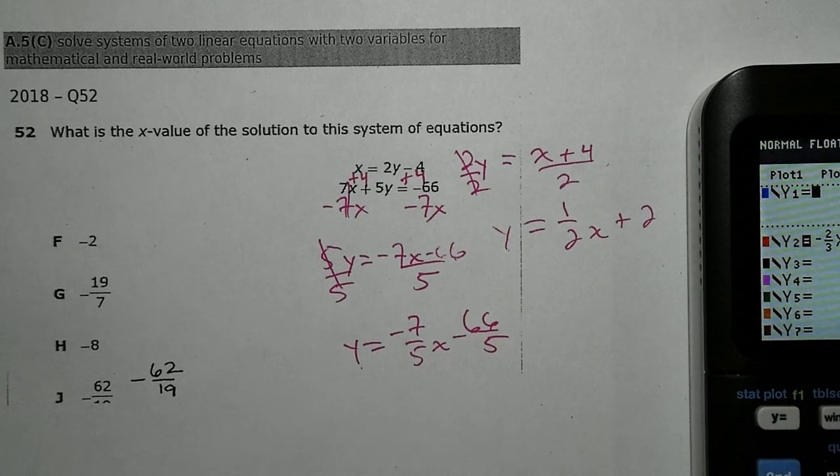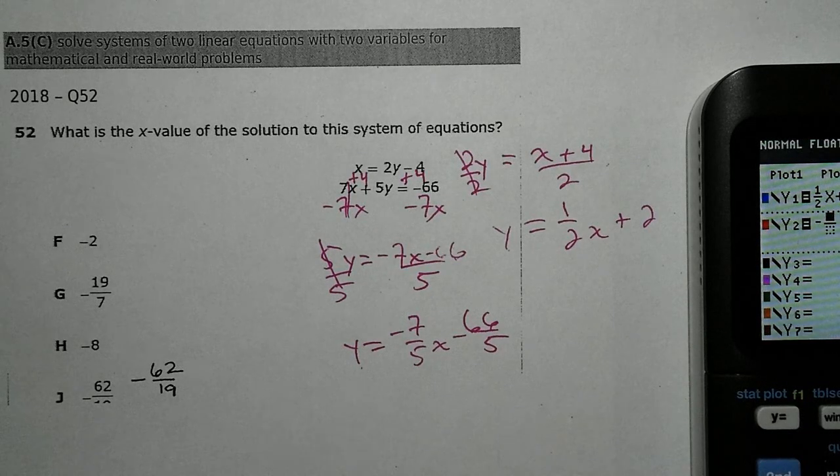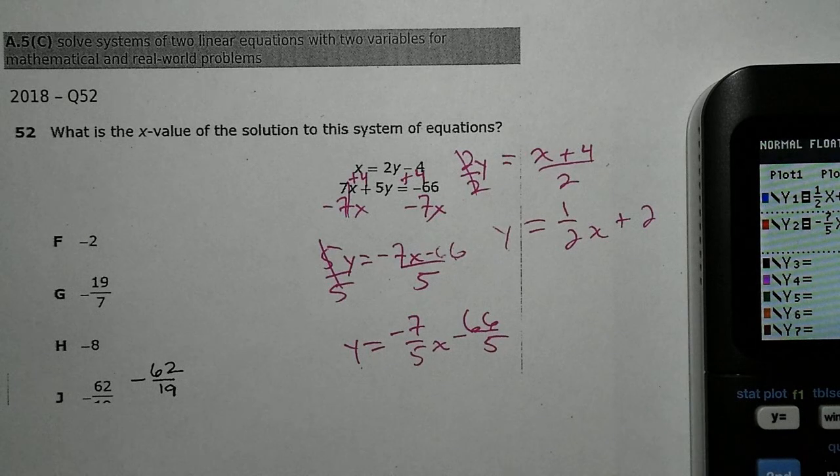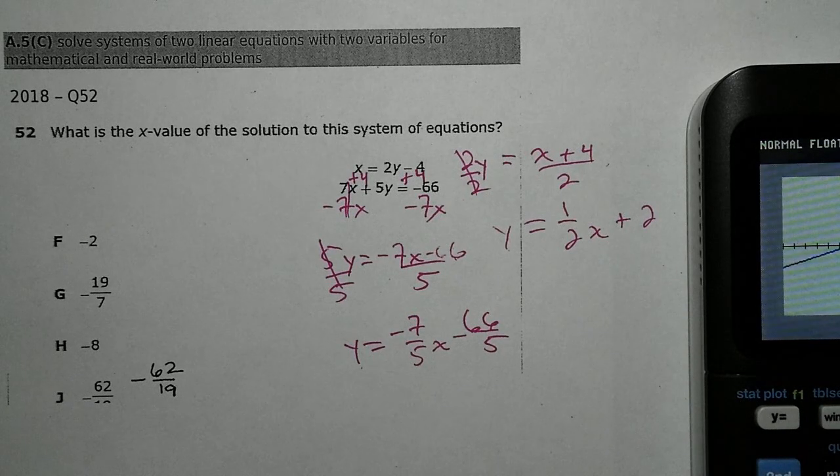So 1/2 X plus 2, and the next equation is negative 7 over 5 X minus 66 over 5. We hit graph.